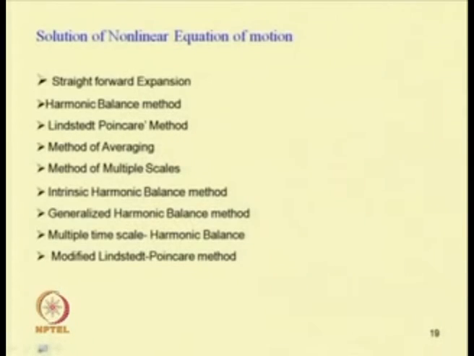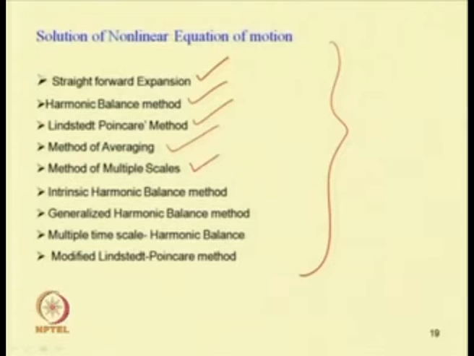These are the different methods used for quantitative analysis. In module 2 we made detailed discussions about how to find the solution of nonlinear equations by the straightforward expansion method, harmonic balance method, Lindstedt-Poincare method, method of averaging, method of multiple scales, intrinsic harmonic balance method, generalized harmonic balance method, multiple time scale harmonic balance method, and modified Lindstedt-Poincare methods.